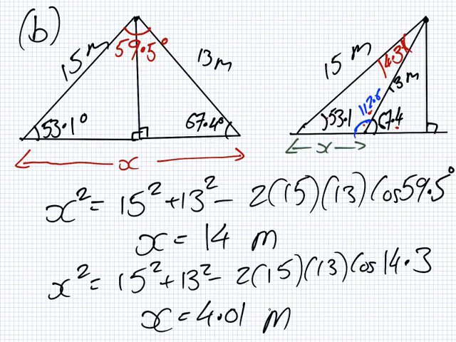Technically both answers here are right because the question never said if the wires were on the same side or opposite side. So technically there's two answers here. They could have been 14 meters apart or 4 meters apart.